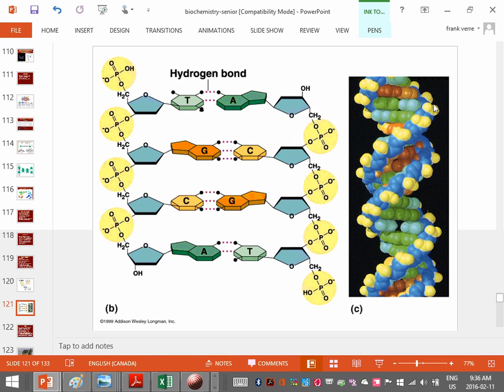We'll explore and talk more about DNA later on. Again, I'm going to spend a whole unit on DNA and protein and genetics. Okay? You can see the 3 parts of a nucleotide. So here is my sugar. Here's the base. Here's the phosphate group. Okay? You can see hydrogen bonding here between the 2 strands of DNA.